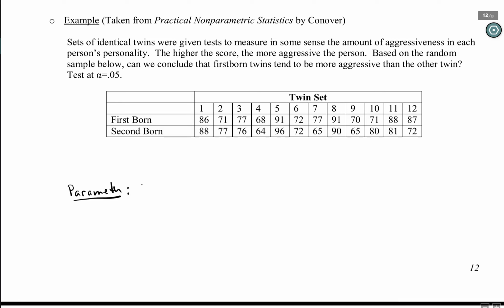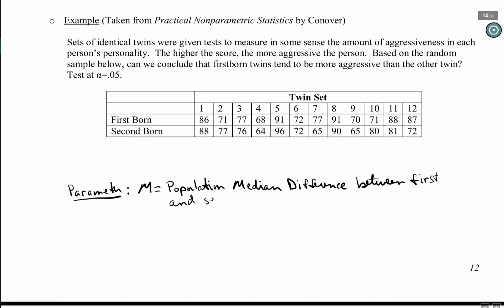The parameter here is the population median difference between the first and secondborn measurements.